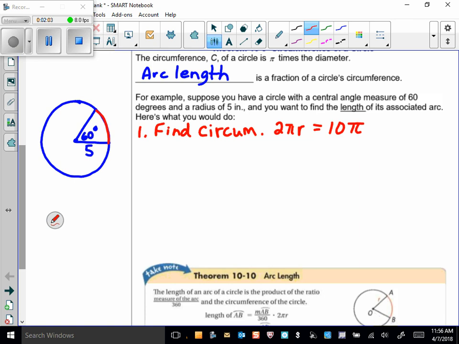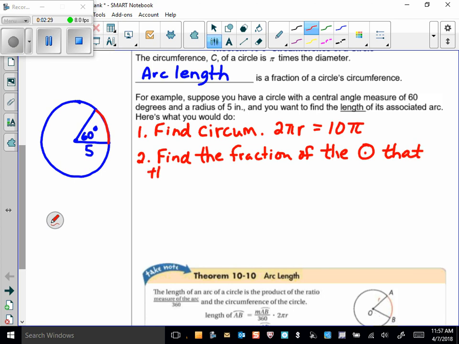Now, what portion of this circle is the arc? Well, let me write this down. So we want to find the fraction of the circle, or the circumference, that the length of the arc is.